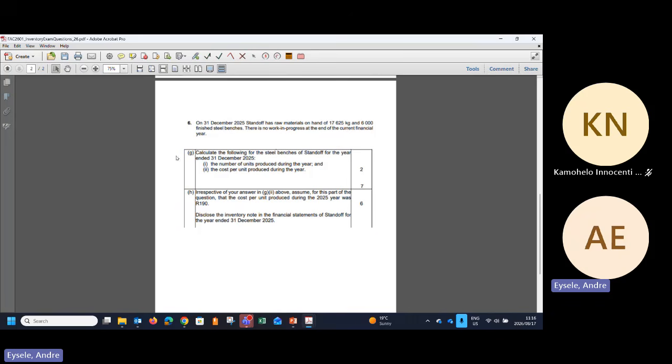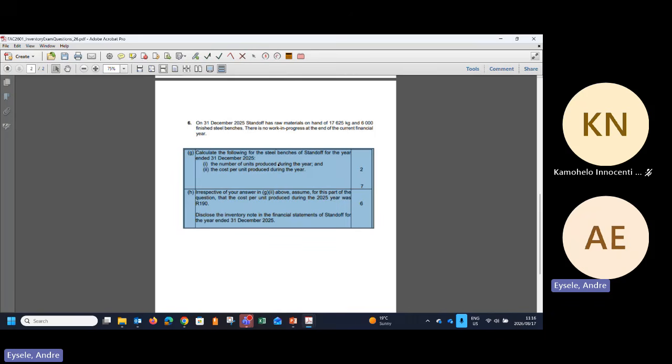You read all of the required, so you can start thinking about the number of units produced. You need to immediately think about cost of sales. What does cost of sales consist of? It consists of opening stock plus purchases or manufactured, less closing stock. That will give you units produced.